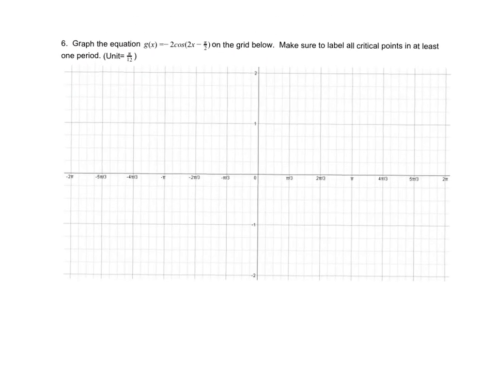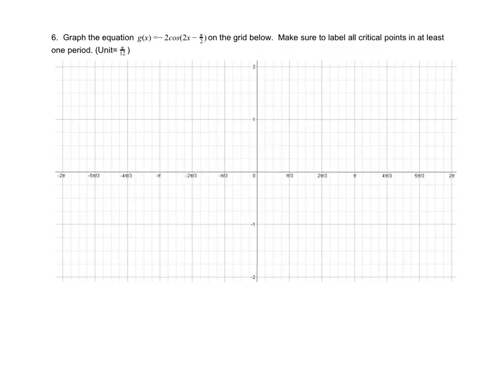Last example, we want to graph the equation g of x equals -2 cosine of 2x minus pi over 2 on our graph. And we want to graph at least one period of our cosine wave. So we're going to start by identifying all of our transformations. So we're going to start with the fact that there's a negative out front, which means it has been reflected.